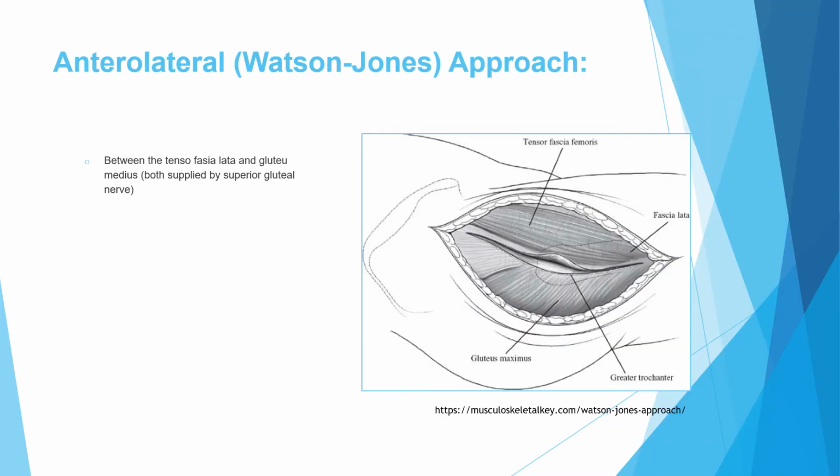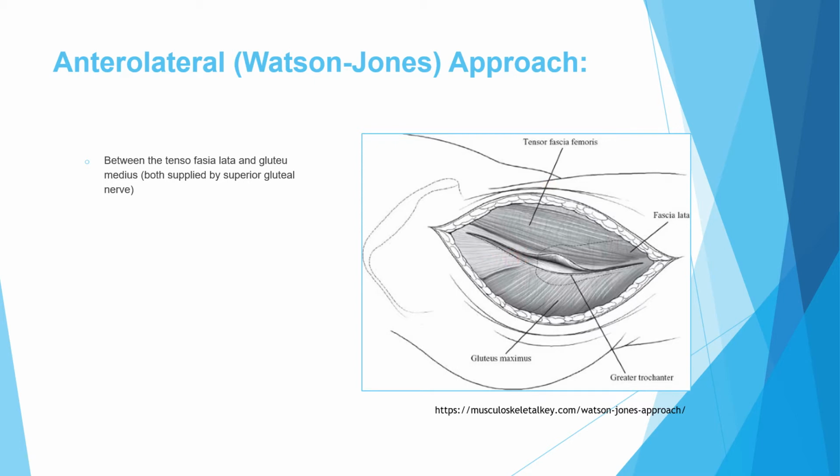The second approach will be the anterolateral, or the Watson-Jones. We said that the anterior approach is between the sartorius and tensor fascia lata. The anterolateral will go one step posterior, so it will be between the tensor fascia lata and the gluteus medius.